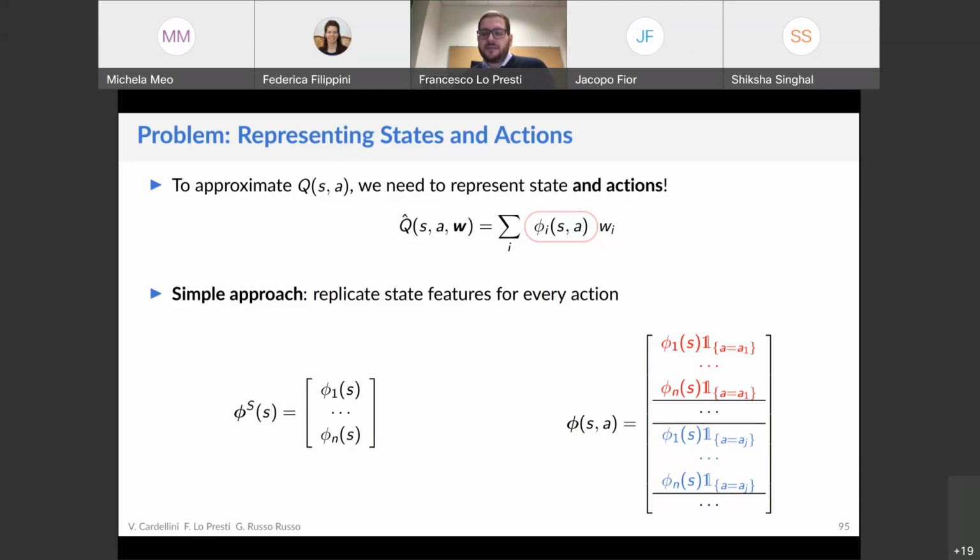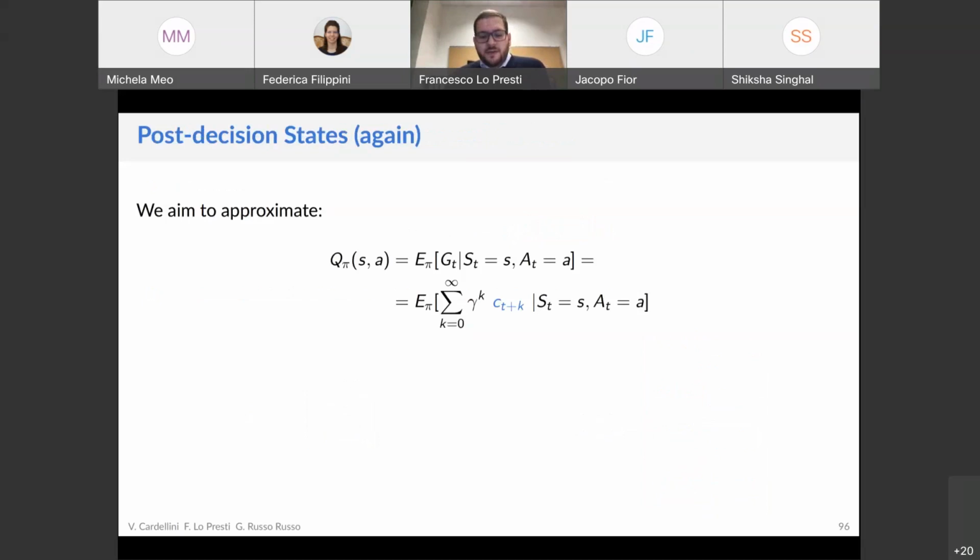So we have a set of actions, we have a set of features, and we replicate them for every action. So depending on the specific action we are interested in, we activate a specific portion of our feature vectors. Clearly, this is not ideal because the number of features quickly grows and we don't like it. So we can end up with a smarter approach if we again resort to post-decision states.